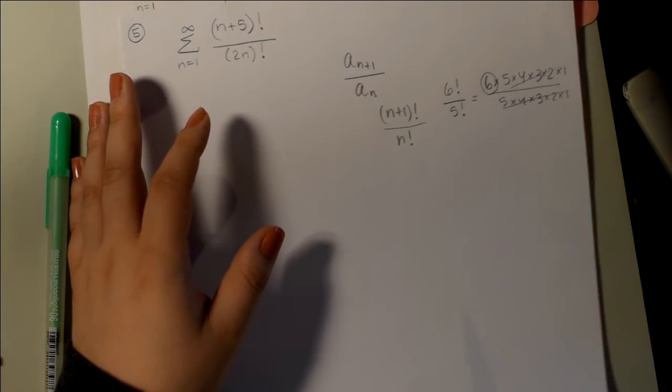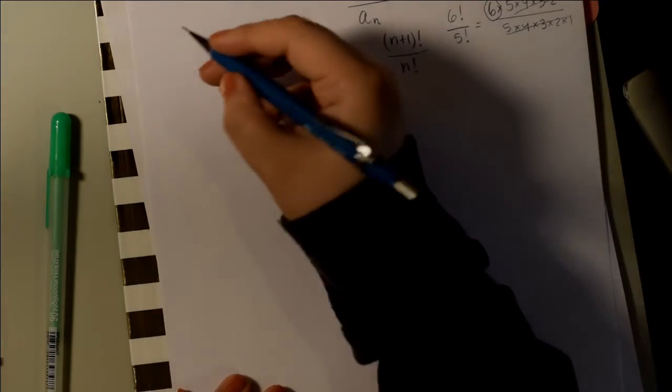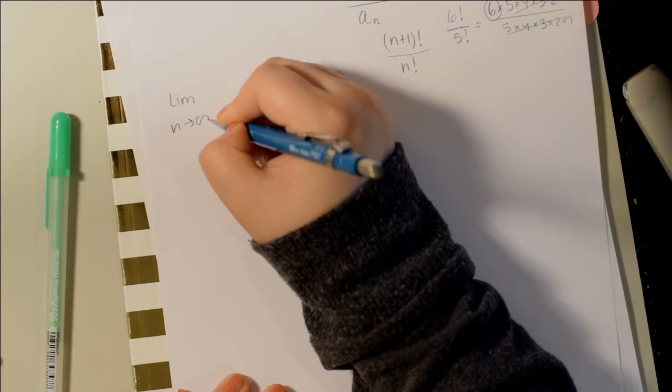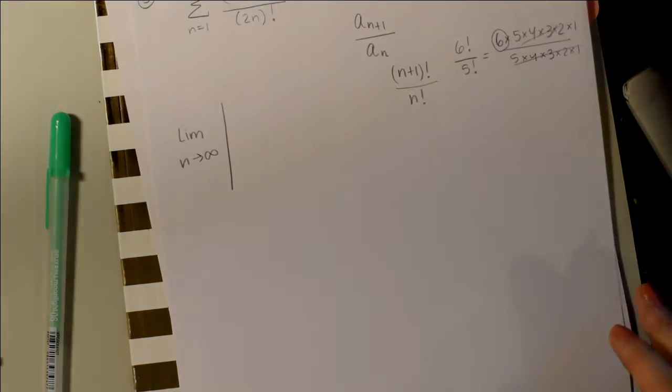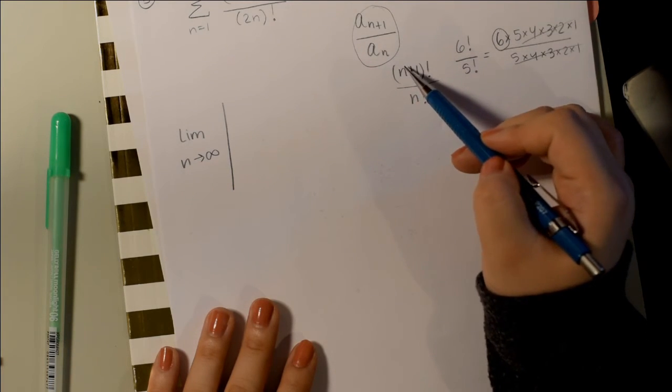So I'm gonna try out the ratio test and take the limit as n approaches infinity of the absolute value of a n plus 1 over a n.